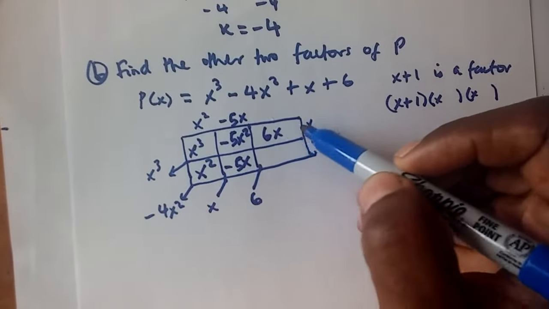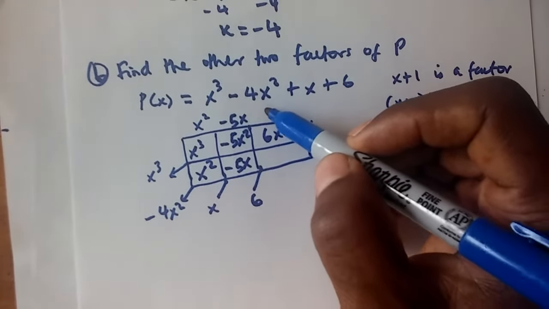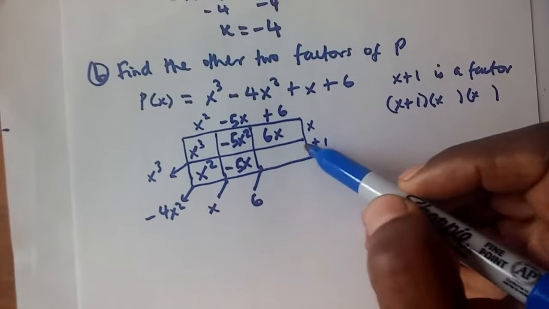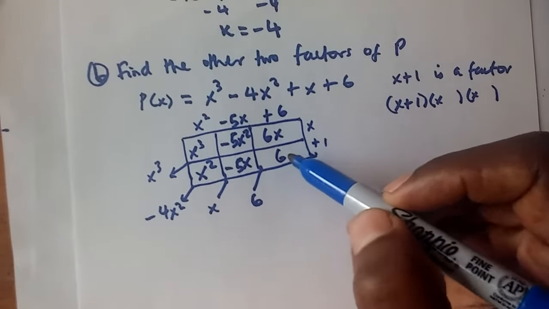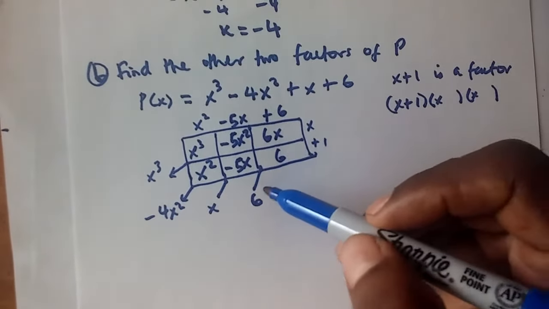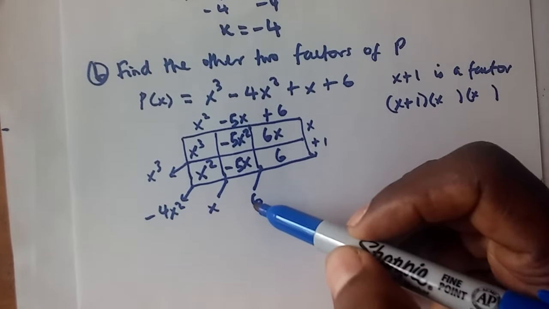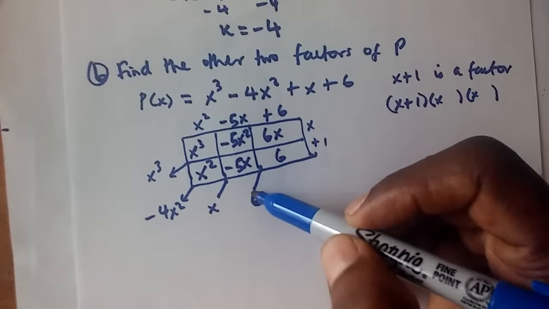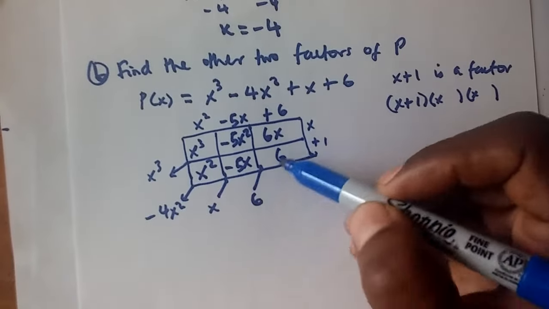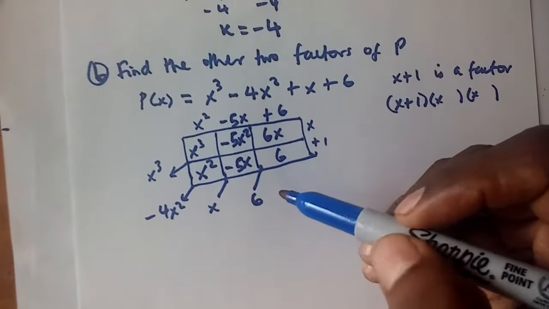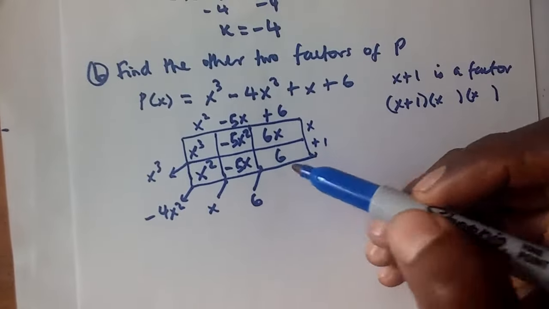And then divide the 6x by x, I will get 6, and then multiply by 1, I will get 6. So as you can see, I got 6 in the last cell, which is the same as the last term. So there's no remainder. The remainder is 0, which is what we actually proved.